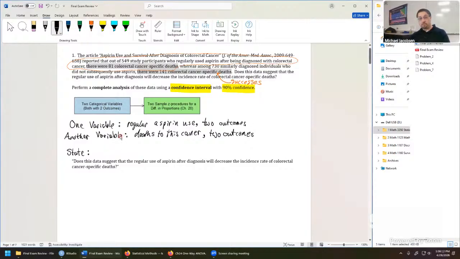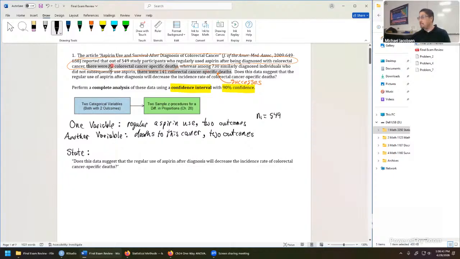So there are two variables. The role of one variable, regular use of aspirin, is to split our populations into two independent populations. First population had a sample size n1 equals 549. Deaths has two outcomes, but we indicated the success is going to be specifically dying due to that particular form of cancer, because that's what the study is concerned about.